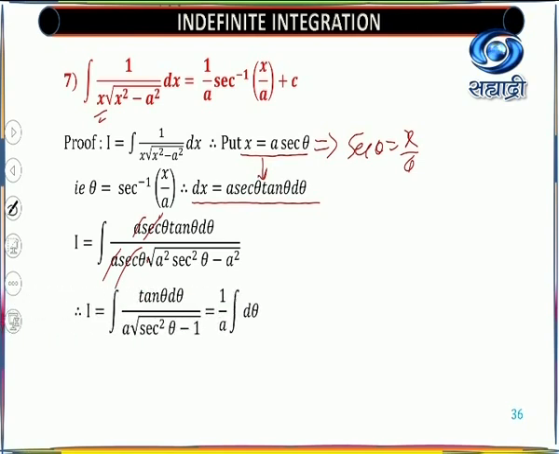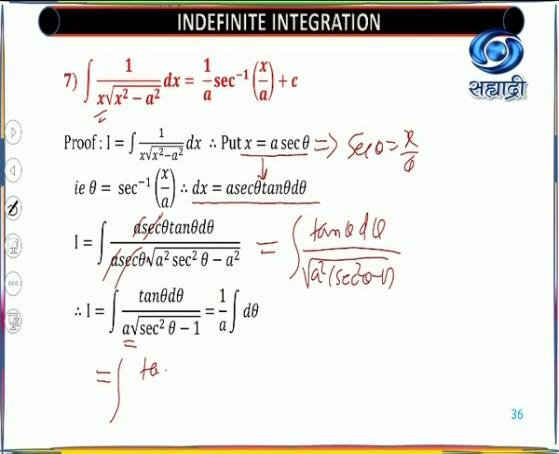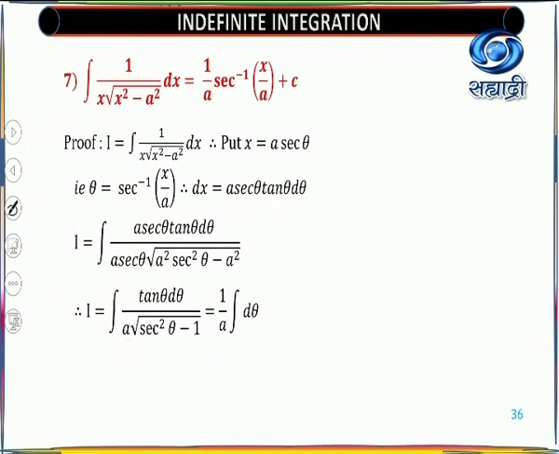So look at the denominator. If you take a square common, you will get a square into sec square theta minus 1. Okay, so root of a square is a and root of sec square theta minus 1 is tan theta. So this is the integral of tan theta d theta, and in the denominator you will get a times root of tan square theta, which is tan theta.